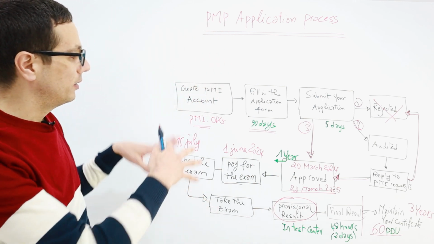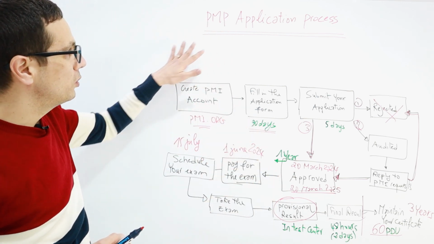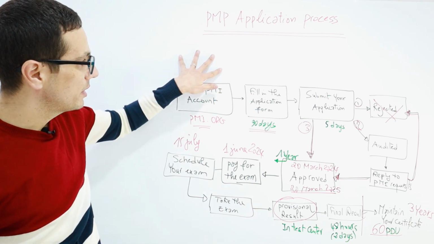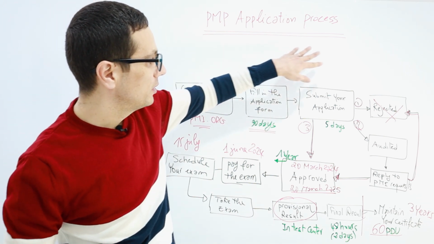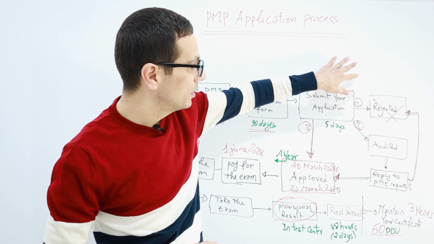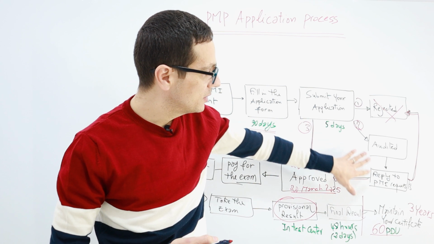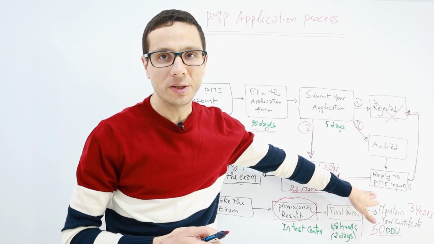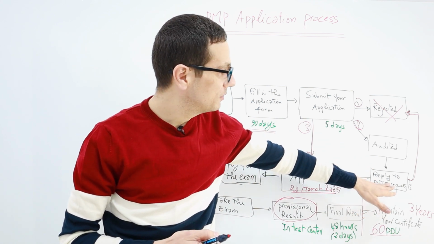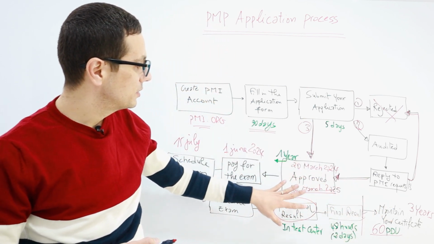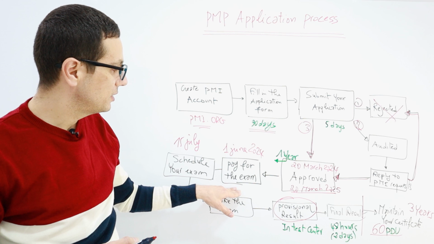So this is an overview of how the application process looks like. You create an account, you fill the form, you submit the application, you wait for the result. If you are audited, reply to the PMI audit, give them references, give them the certificates, etc. And once you are approved, you have 1 year to pay for the exam.